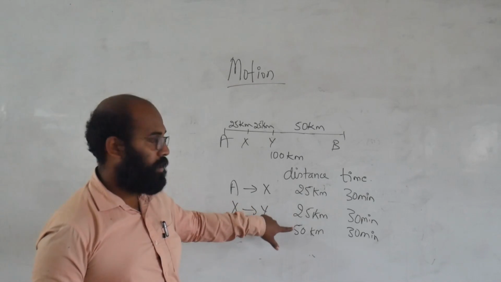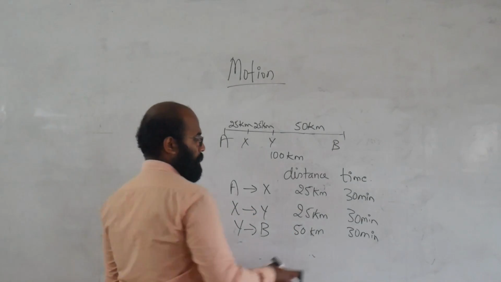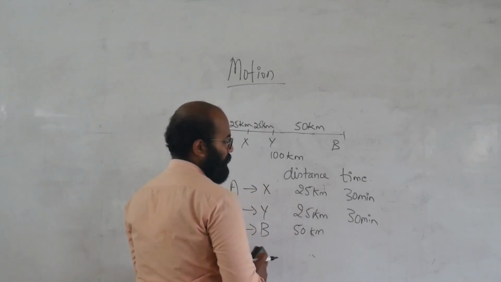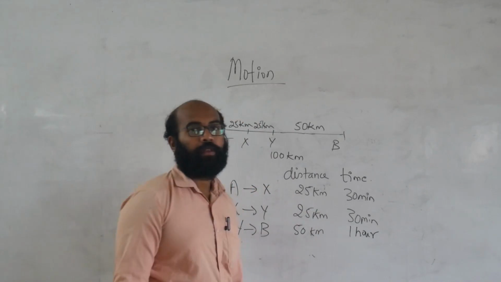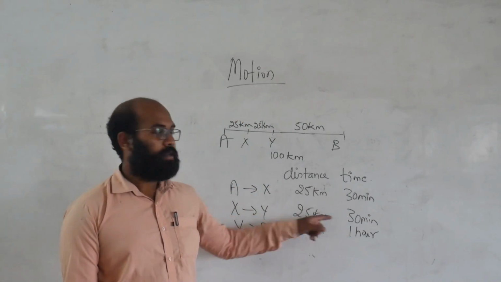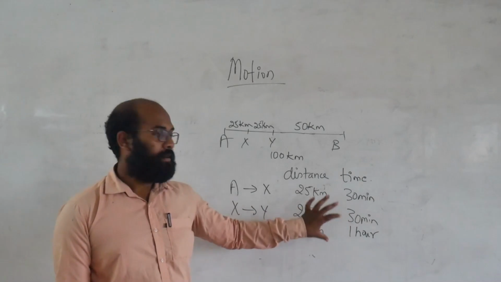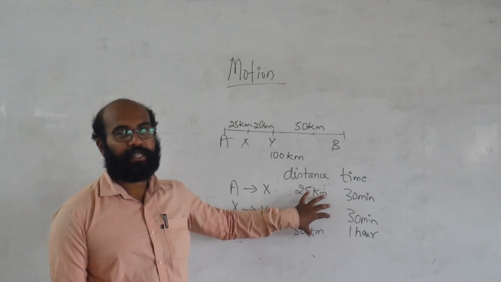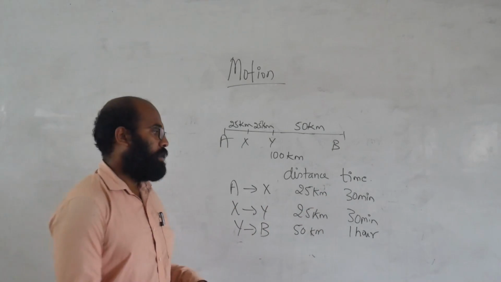So if you see this, the distance is doubled. Here it is 25, and now it has become 50. So it is double. If the time, instead of 30 minutes, is 1 hour, because time is also doubled, since the distance is doubled, then in this situation it is traveling with a uniform motion.